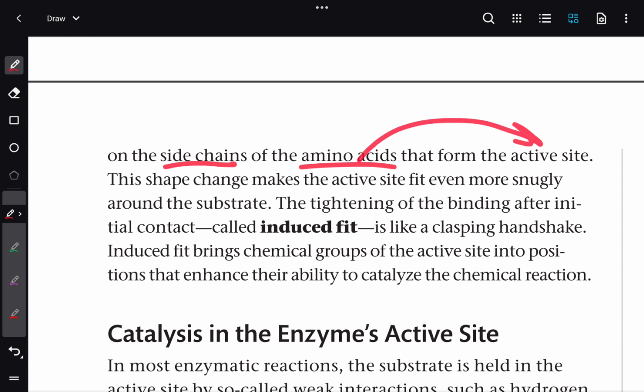Now, this shape change makes the active site fit even more snugly around the substrate. The tightening of the binding after initial contact is called induced fit.